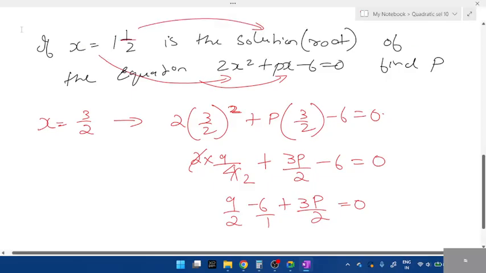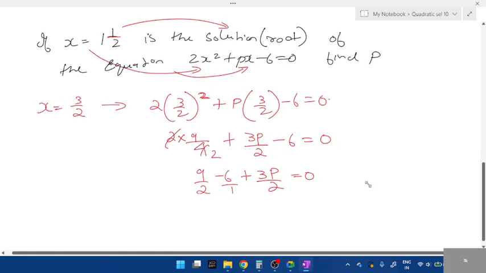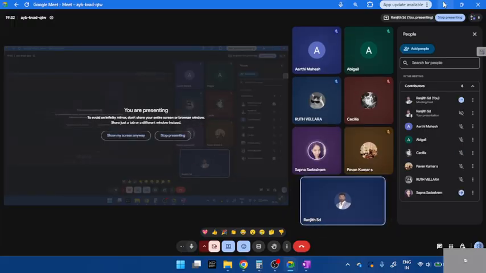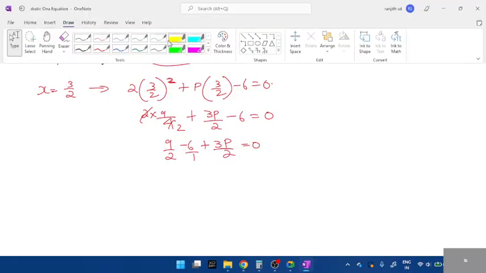Okay, take LCM, completed students? Find the value of P. Take LCM for all this. Shift, find the value of P. Let me see.